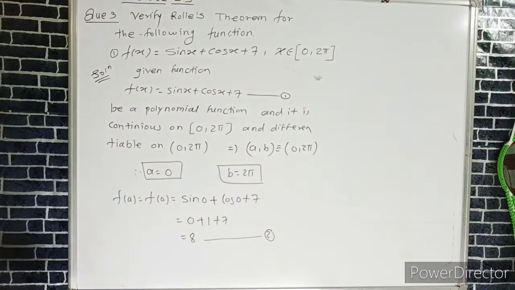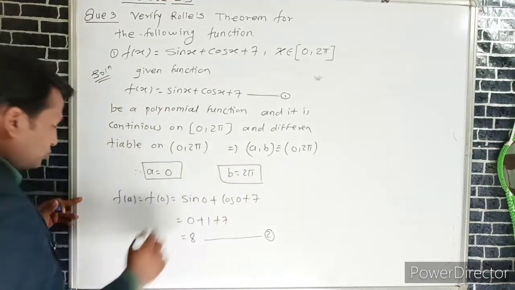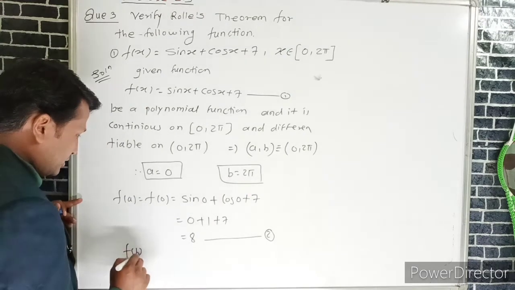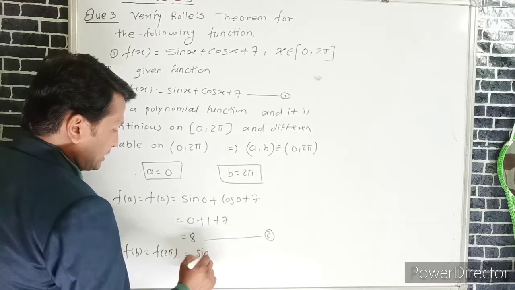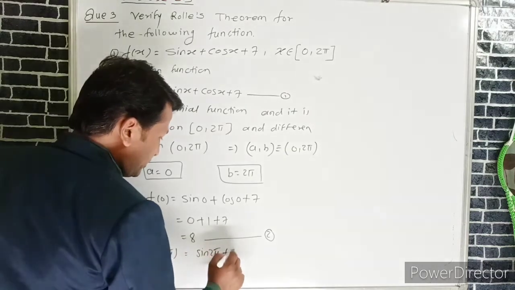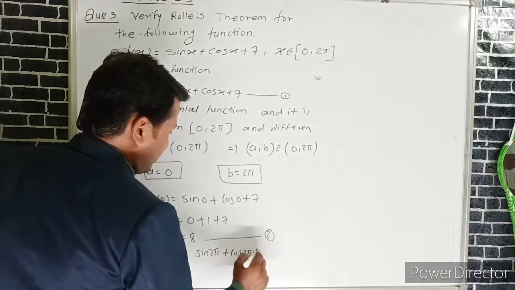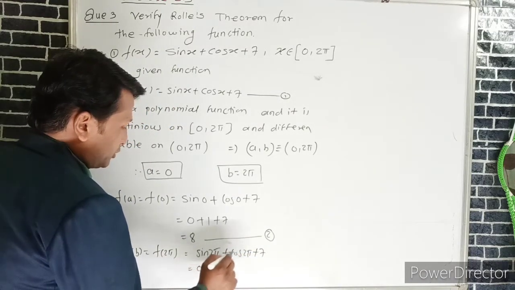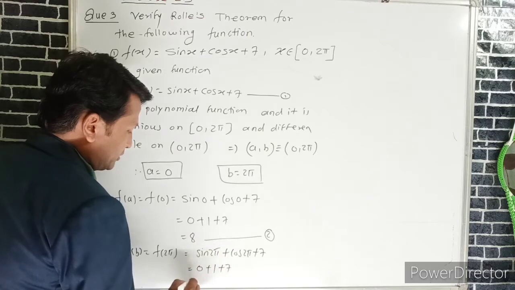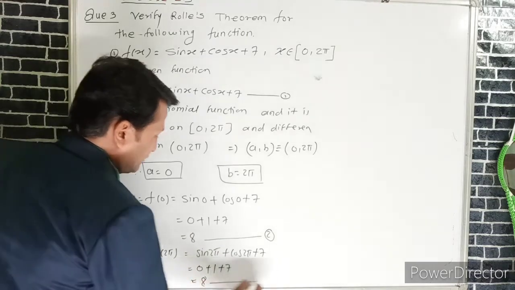Again we have to find f(b), and b is 2π. So f(b) = f(2π) = sin 2π + cos 2π + 7. Again the value of sin 2π is 0, cos 2π is 1, plus 7, which is 8, equation number 3.